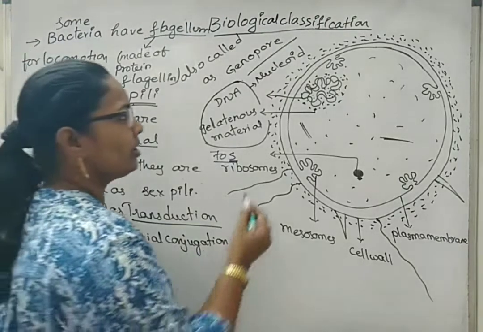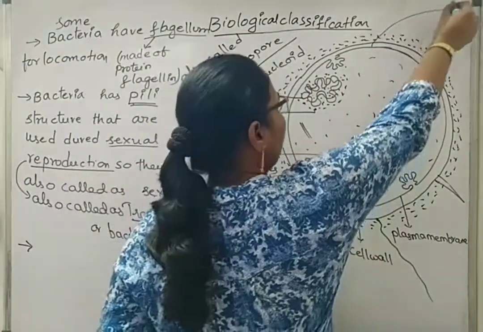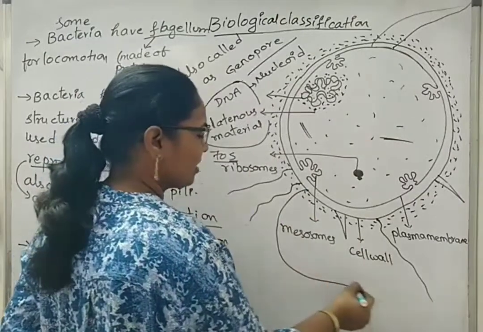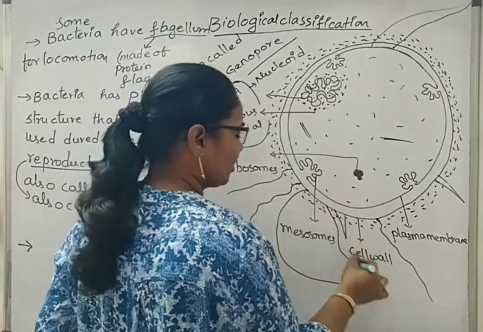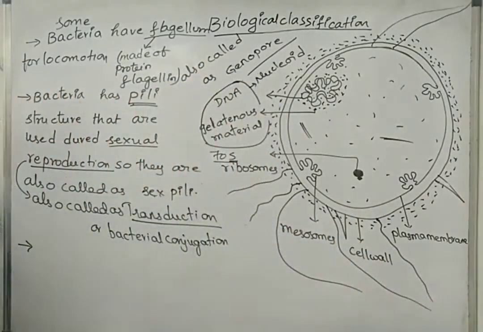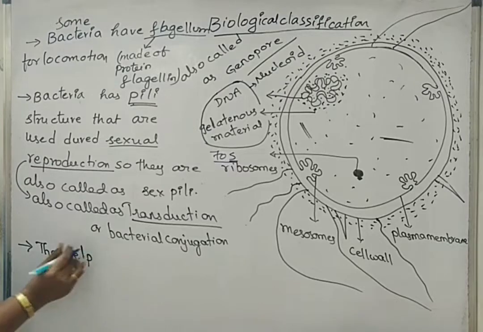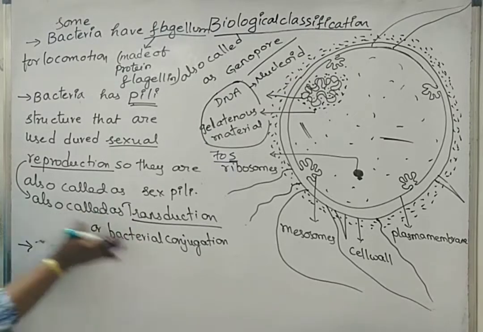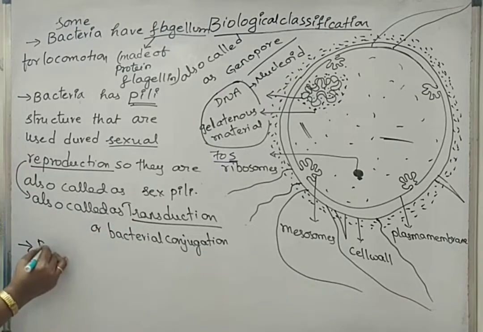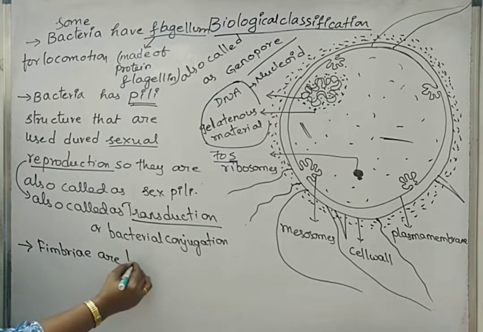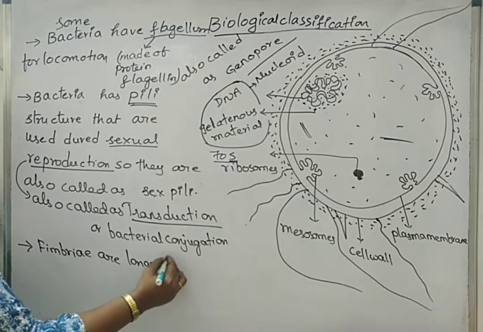There are some structures that are very long compared to the flagellum, longer than the flagellum we can say. So these are the structures that help the bacteria to adhere to the substratum. Fimbriae are longer structures.